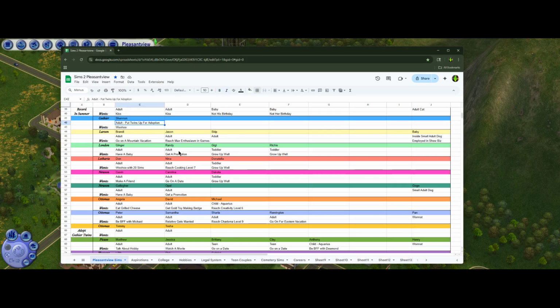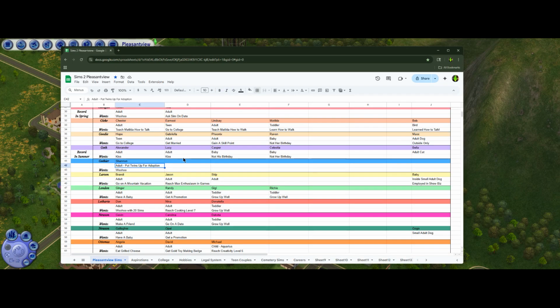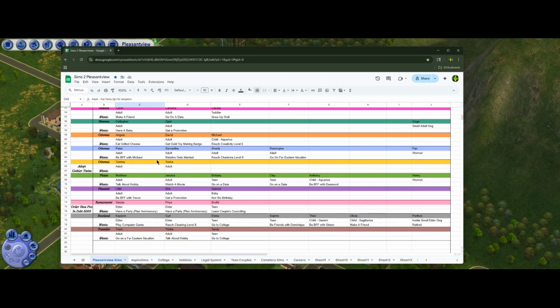And every time I have babies that are going to be put up for adoption, I always want someone in my neighborhood to adopt them. So who better to adopt them than Tommy and Tasha from the Autumn's household? They're going to adopt the Gothier twins, mostly because they both are family Sims. So they seemed like the perfect couple to adopt them.